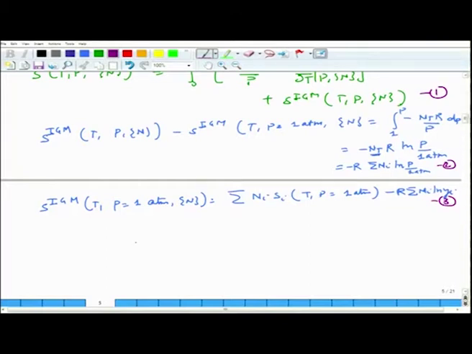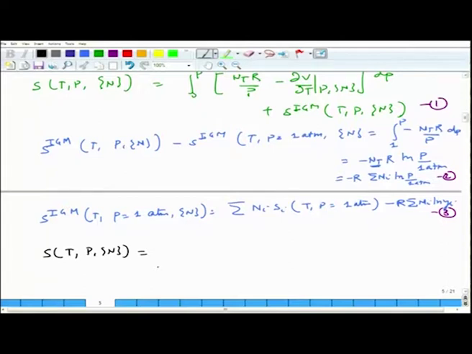Okay. So, if we combine this, what we are going to get is S of T, P, for the sum over the mole compositions, or number of moles here. Now, this should be equal to this term, which we have written with respect to 0 to P, the integral of NT R by P minus del V by del T at constant pressure, dP.